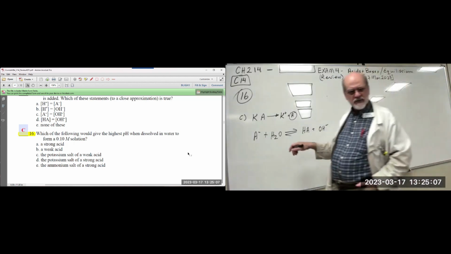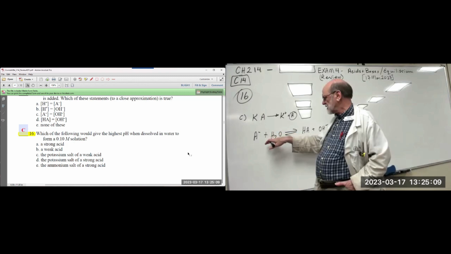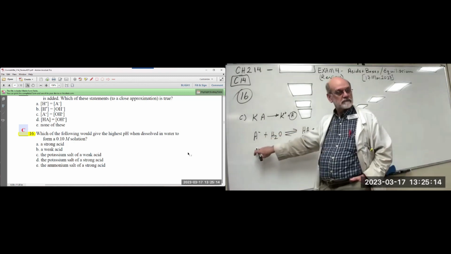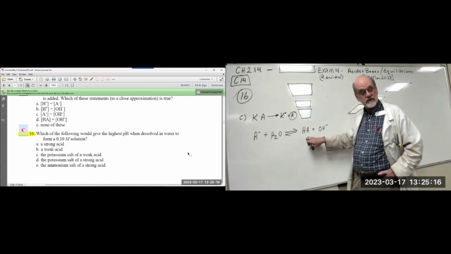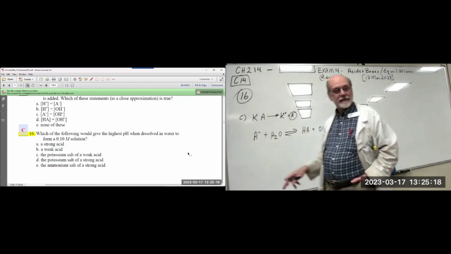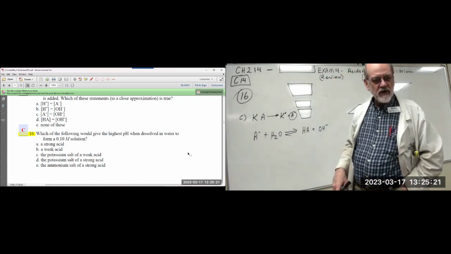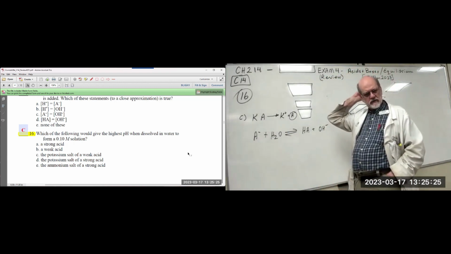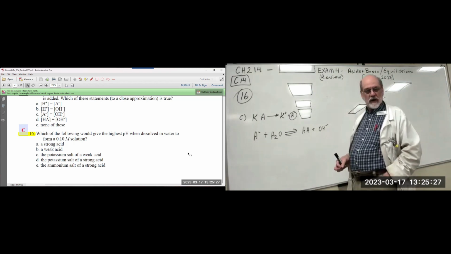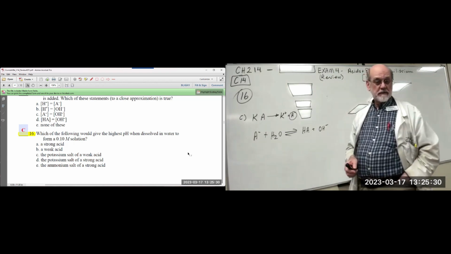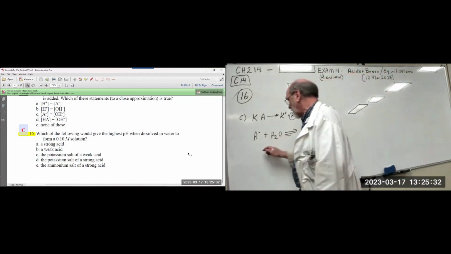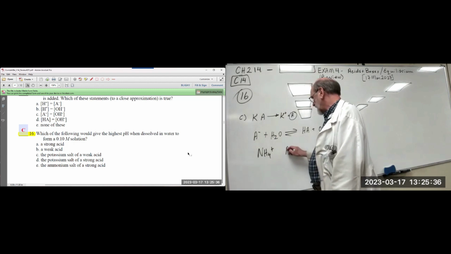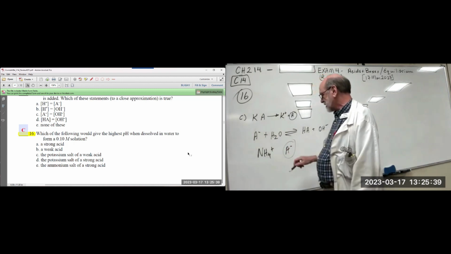If you say potassium salt of a strong acid, it's going to stay like that. It's not going to react with water. Right? Because it's from a strong acid, it wants to be there anyway. Ammonium salt of a strong acid. Well, the ammonium salt that goes into solution with a strong acid is going to stay like that.